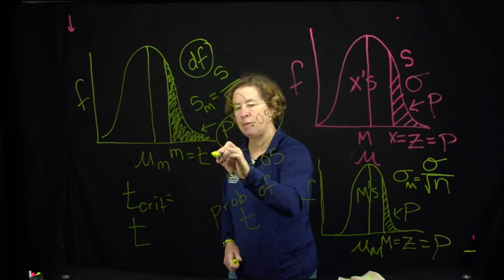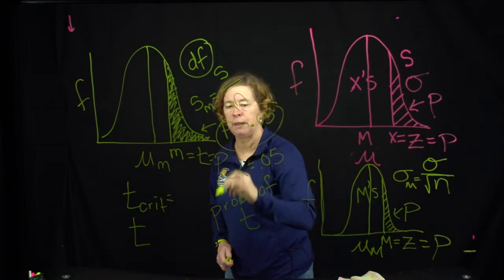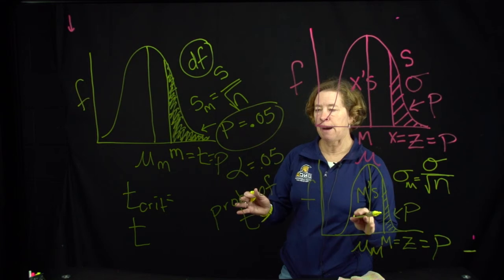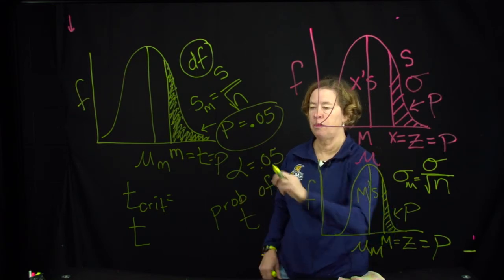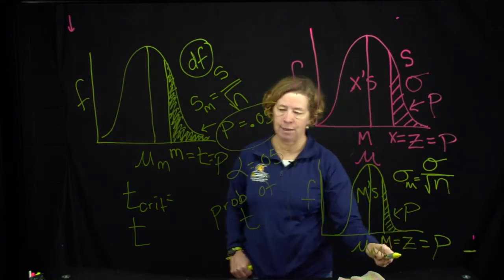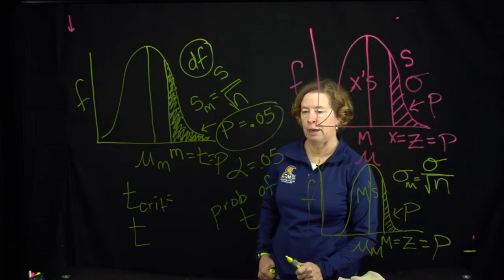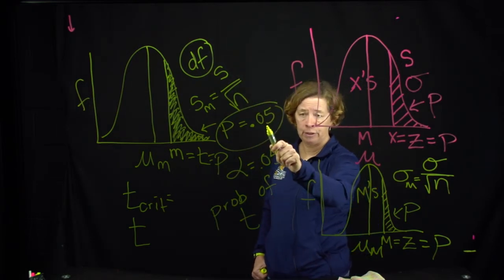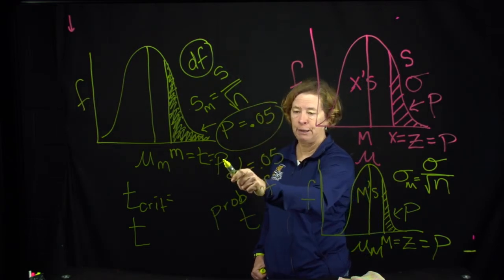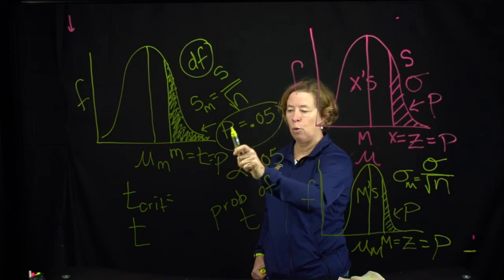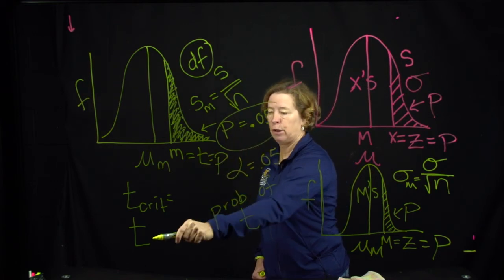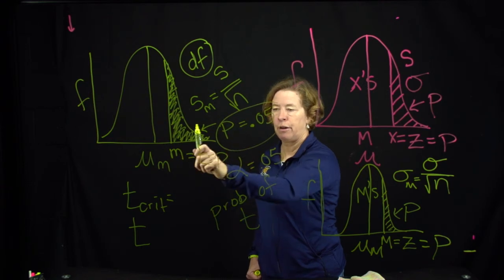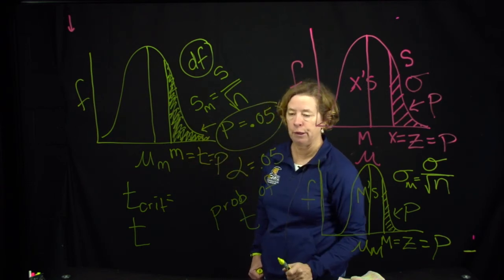In this case, a t that has a corresponding probability. And when you're hypothesis testing, what you want to know is if the probability of that t or that z is less than 0.05. And so you can determine if it's less than 0.05 either by comparing the probability to 0.05 or by comparing the t to a critical value that sets off the area of the curve that is equal to 0.05.